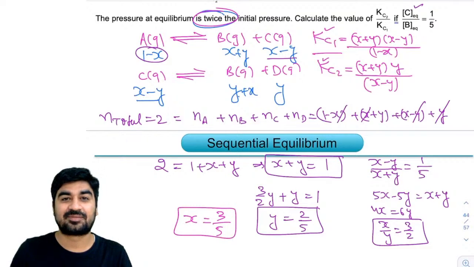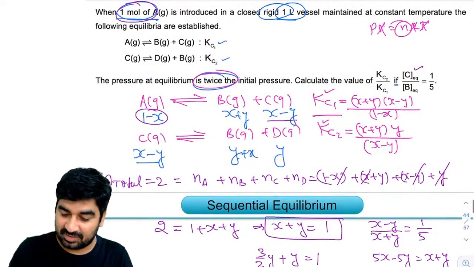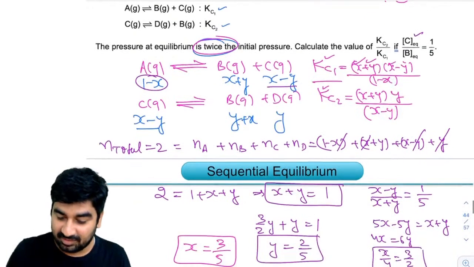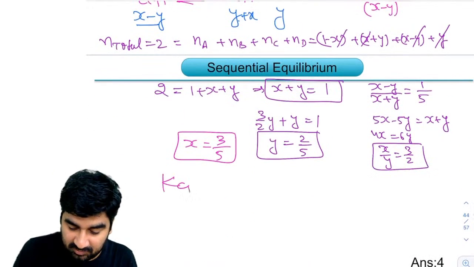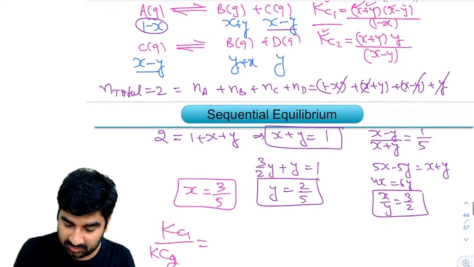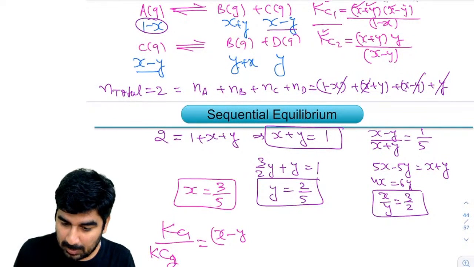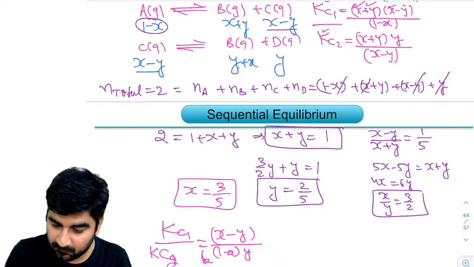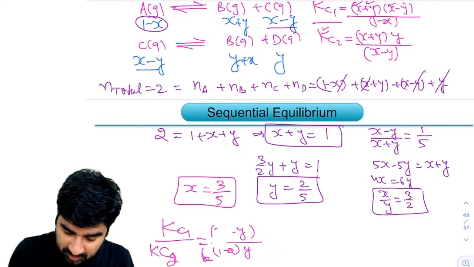So you got it, guys. Just put these values of x and y here. When you are saying K_c1 over K_c2, you will be getting x minus y over 1 minus x, times y over x minus y.